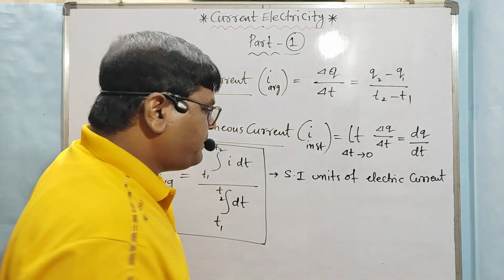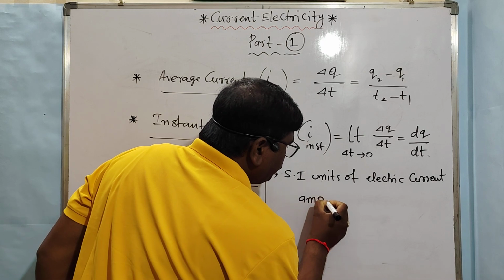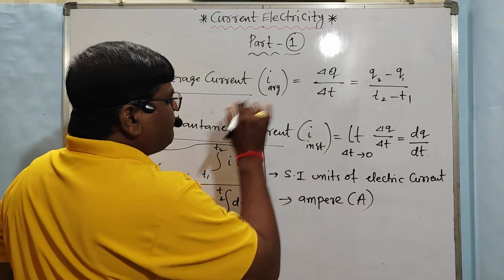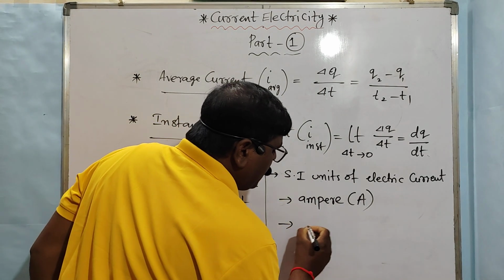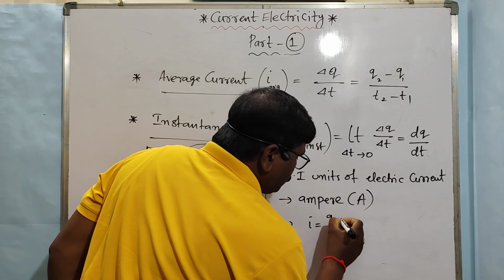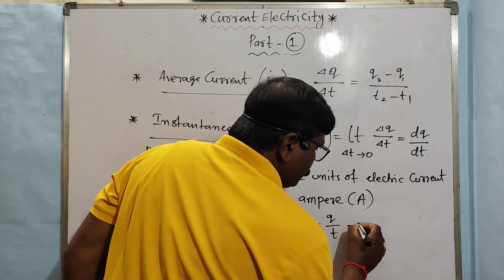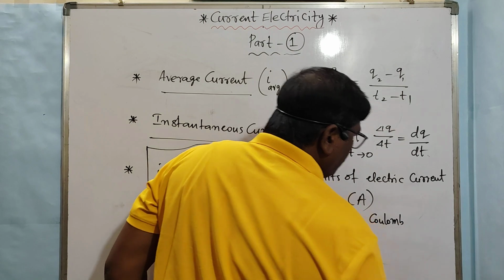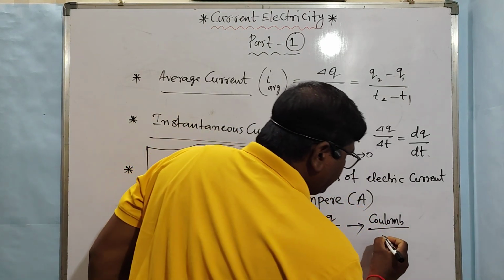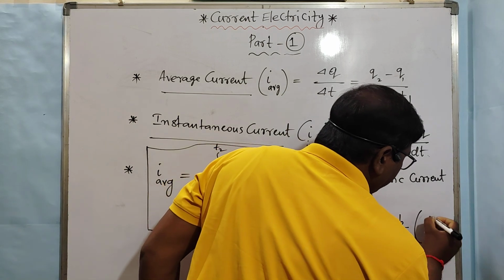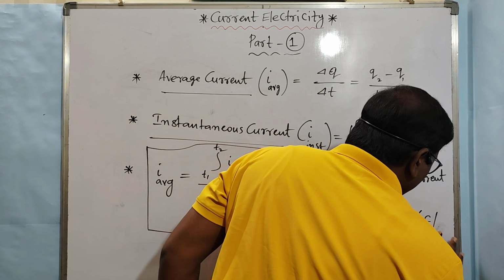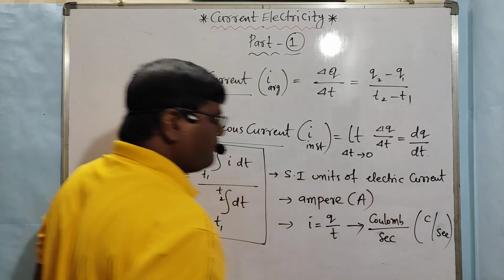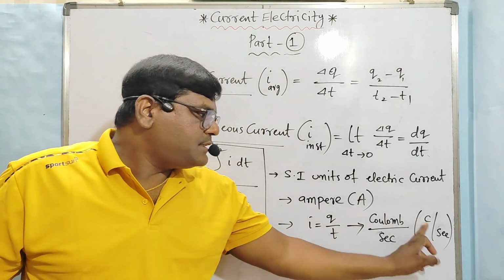The SI unit is the ampere, denoted by capital A. According to the formula I is equal to Q by T, where Q is in coulombs and T is time in seconds, so it can also be written as coulomb per second, or C by second.